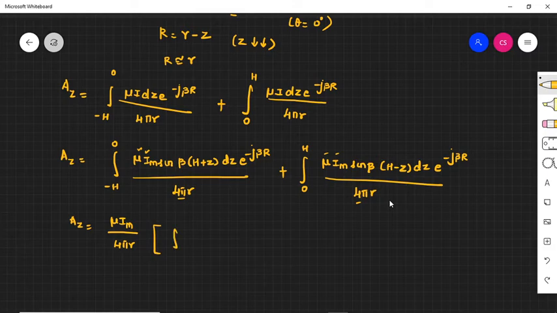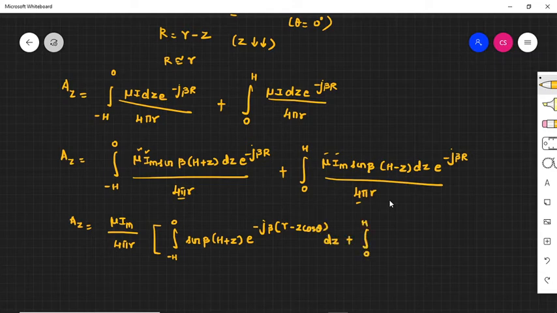The first integration is from minus h to 0 sine beta of h plus z into e power minus j beta R. We know that capital R is r minus z cos theta, so I am substituting that, into dz, plus integration from 0 to h sine beta of h minus z into e power minus j beta of r minus z cos theta into dz.